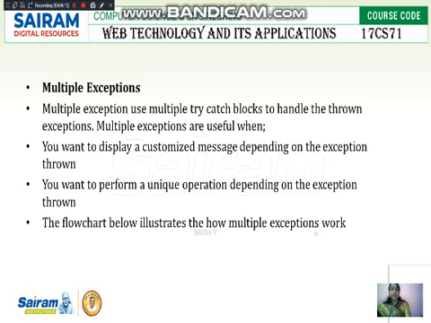And multiple exceptions. You can use multiple try catch blocks to handle the thrown exceptions, whatever the UI validates, and pass those exceptions accordingly. Multiple exceptions are useful when you want to display a customized message depending on the exception thrown, or perform a unique operation depending on the exception thrown.